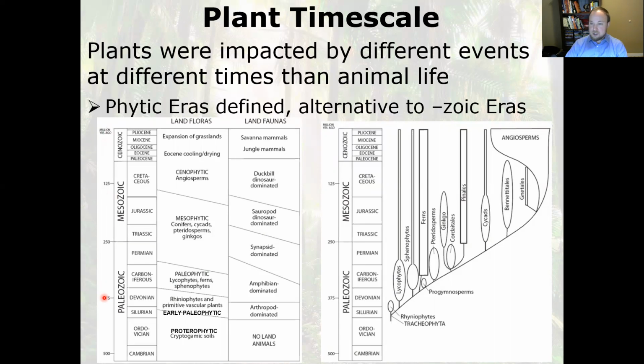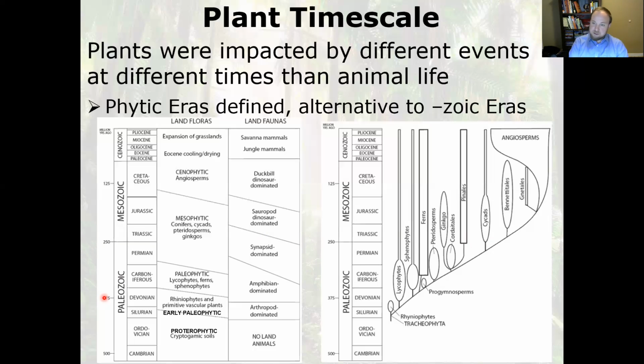So going from the Proterozoic to the Phanerozoic is when we get visible animal fossils. The transition from Paleozoic to Mesozoic is defined by the extinction of a lot of those traditional Paleozoic animals, especially trilobites in this case.